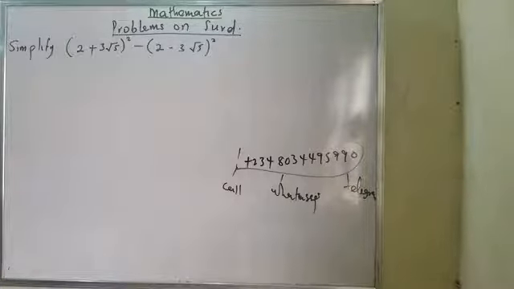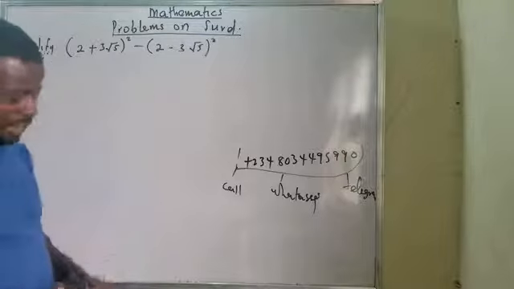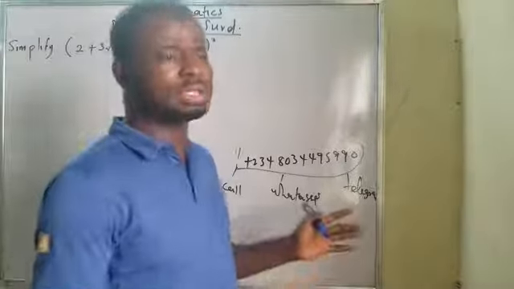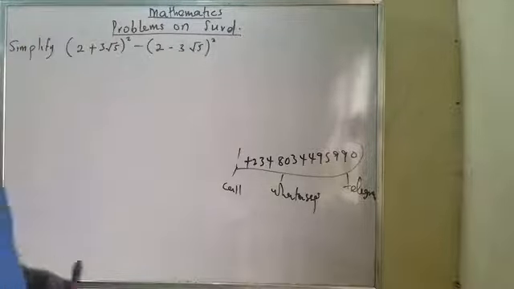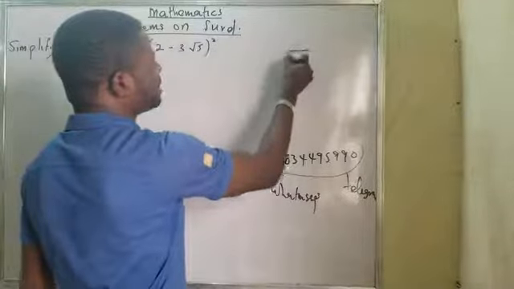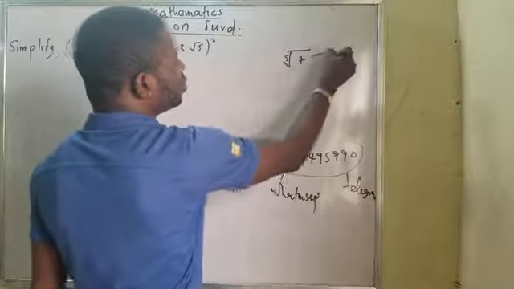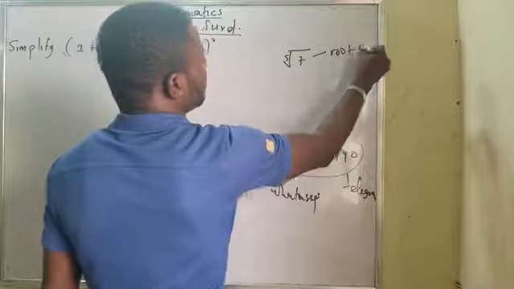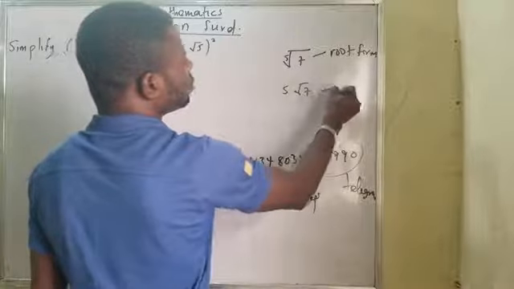Now, anytime you have something like this, it's a very simple problem. Look at this. It's in surd form. I think I've done videos on surds, where I told you that we have surd form and we have what is called root form. When I have something like 5 of 7, this is called root form, while if I have this, it is called surd form.